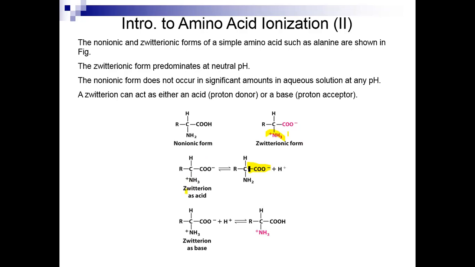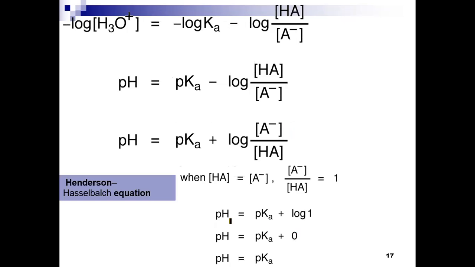Or if the zwitterion's carboxyl group attains one proton from the environment, then after getting this proton, a net positive charge will be on the amino acid.